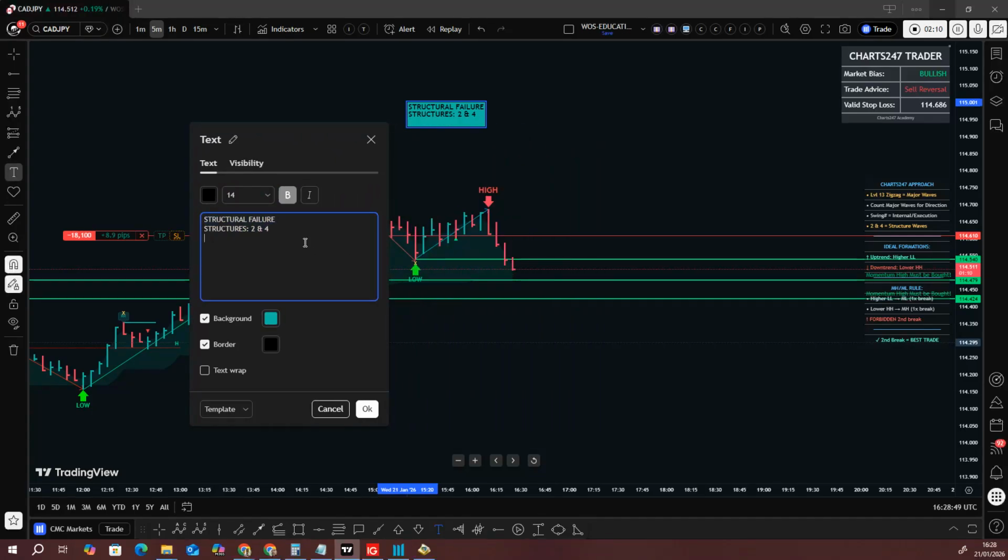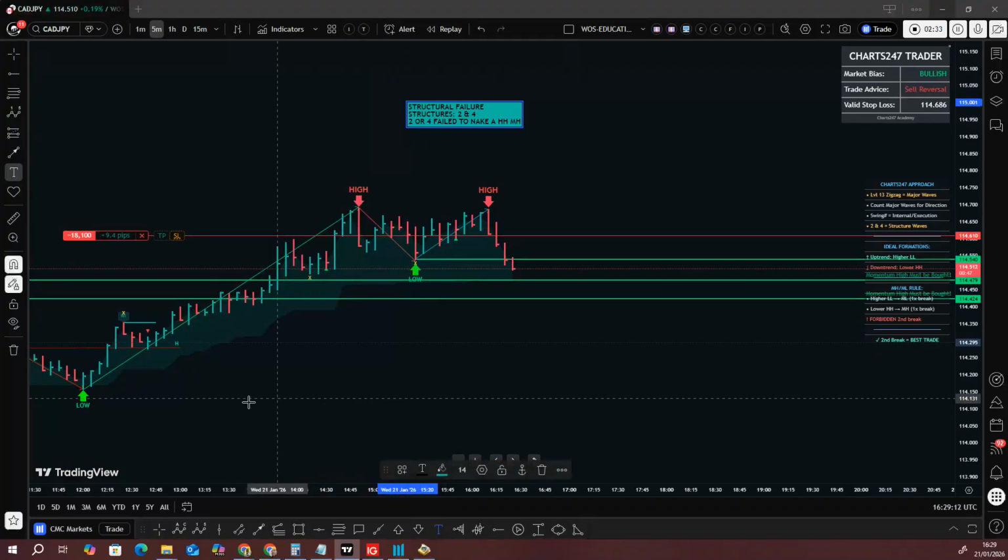What is a structural failure? Structural failure occurs when 2 or 4 failed to make a higher high, if it's a bullish one, a higher high momentum high. So what I mean by that is this.